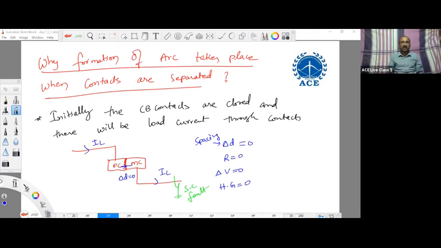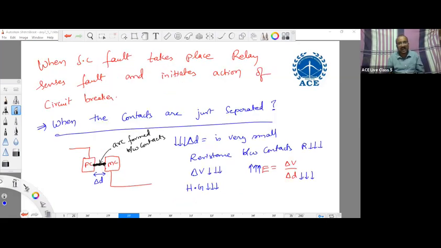Now observe why the arc formation takes place between the contacts. Initially, there is no fault in the network, there will be load current. But when a short circuit fault takes place, the relay senses the fault and initiates the action of the circuit breaker.